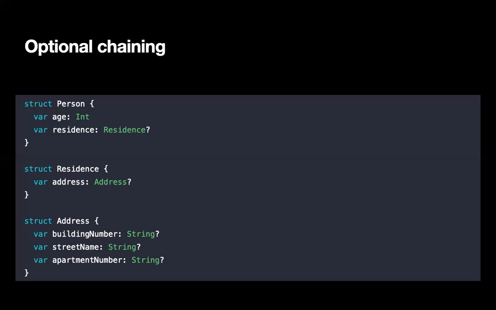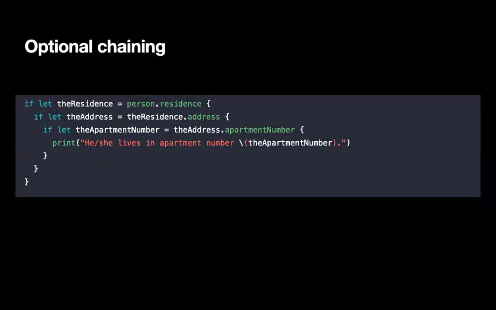By using the if let syntax, you can have the conditional unwrapping. So if let residence is equal to person dot residence, then if let address is equal to residence dot address, and if let apartment number is equal to address dot apartment number, we can print he or she lives in apartment number, the apartment number.